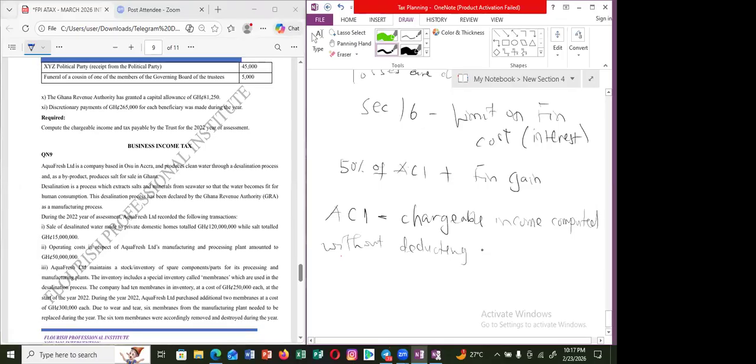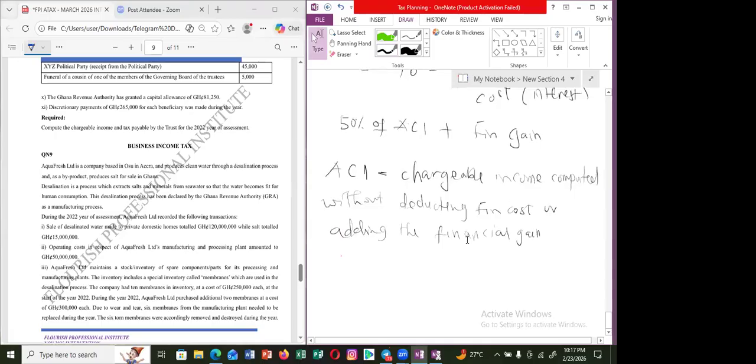So which means we will no longer deduct the financial costs, we will add it back, and then add the financial gain. So we'll do 50% of the adjusted chargeable income, then we'll add our financial gain. Whatever we get is the maximum allowable deduction on what? Financial costs.